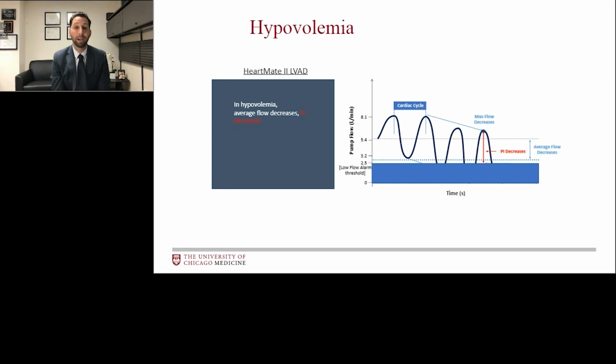And so the variation in flow that the HeartMate 2 sees is much less. Variation in flow is linear and proportional to variation in power. And so the HeartMate 2 is going to see this scenario as a drop in variation in power, and therefore a drop in PI. And PI decreases in response to hypovolemia as interpreted by the HeartMate 2.